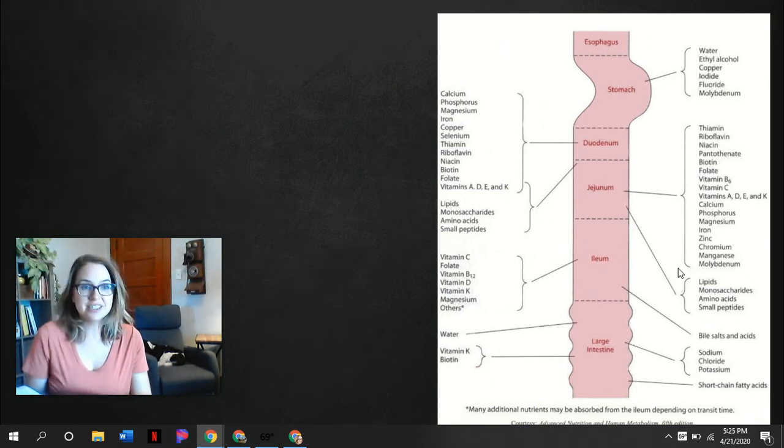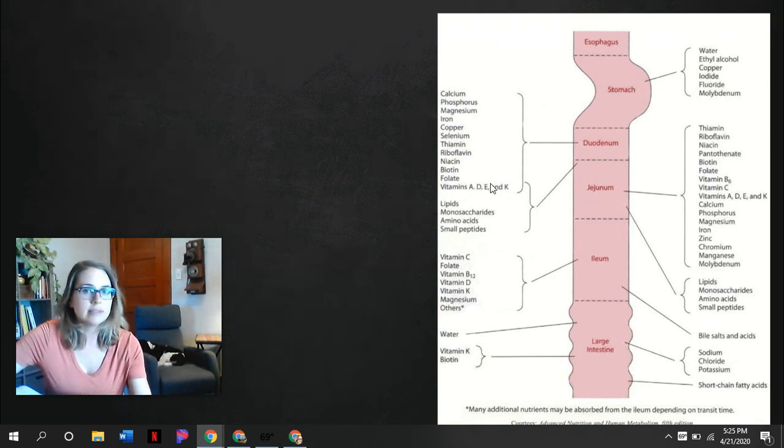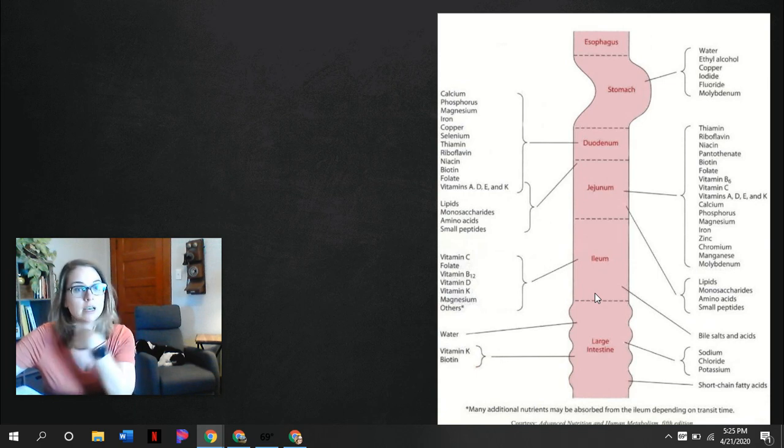You notice that there are our four basic macromolecules: lipids, monosaccharides, amino acids, peptides, so proteins basically. They get absorbed. We've got all of those here as well. So the main point, don't memorize this by any means, don't write it down, but just know that the small intestine absorbs a lot of stuff.